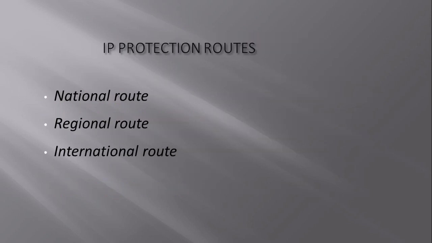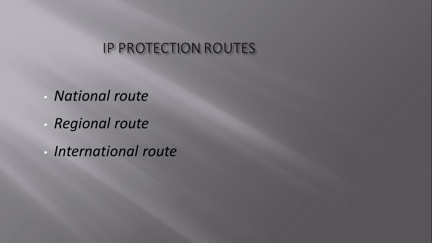We also talked about the various routes that are there to protect intellectual property. So it is very important that you have an understanding of each type of intellectual property. What are the options when you want to file for IP protection?